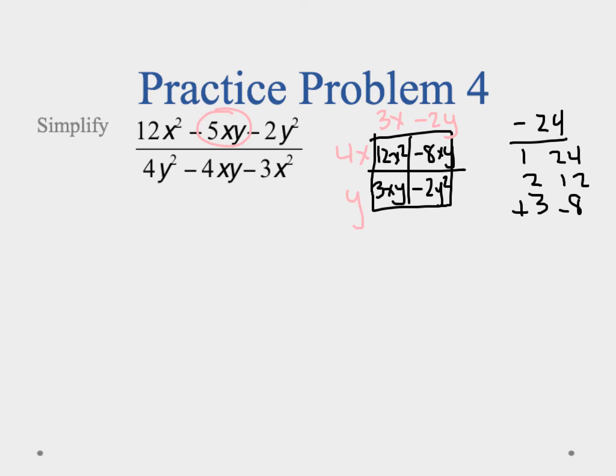Negative 2y times 4x is negative 8xy. Okay, that looks good. I'm going to rewrite it. And I have 3x minus 2y times 4x plus y.